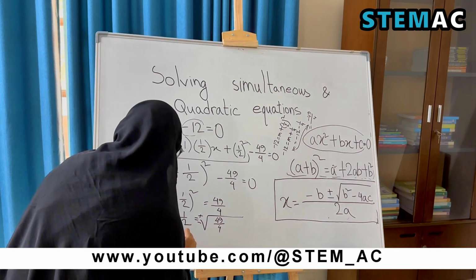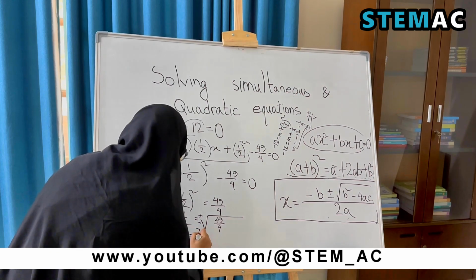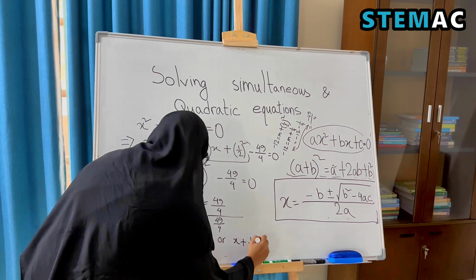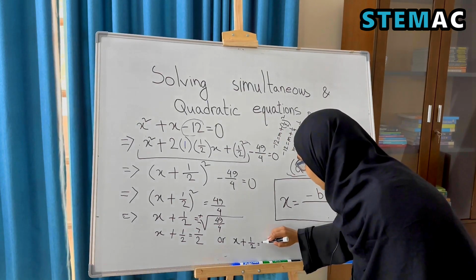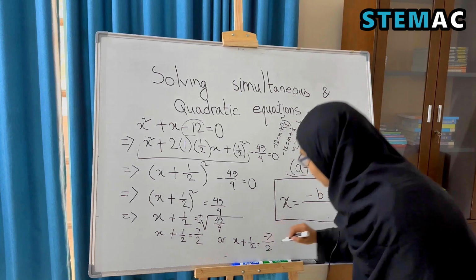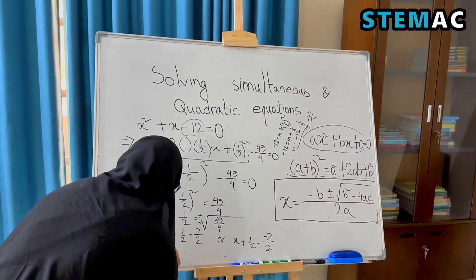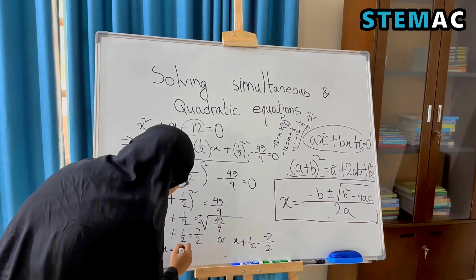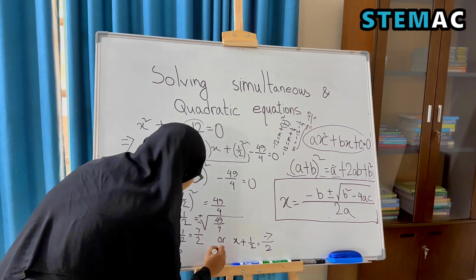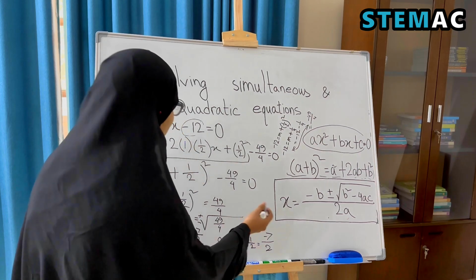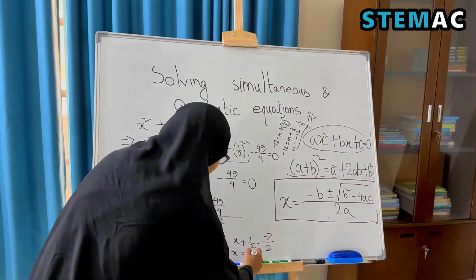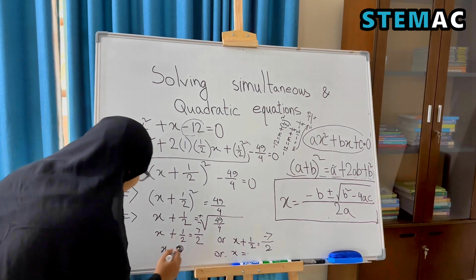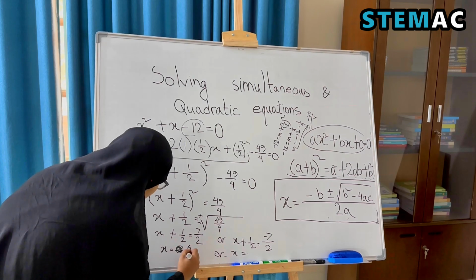x plus 1 by 2 equals 7 by 2, or x plus 1 by 2 equals minus 7 by 2. x equals 7 by 2 minus 1 by 2, that gives us, sorry, 6 by 2, and that makes 3.